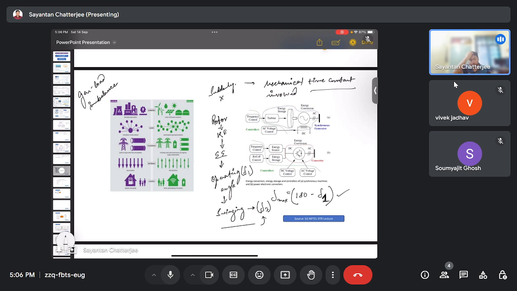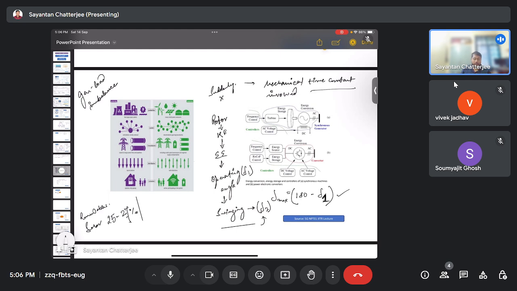Okay, so the problem now has become that with more renewables in place, and mostly solar, which is around 25 to 27% of the total installed capacity of India. So with this renewable mix, solar is more prominent.